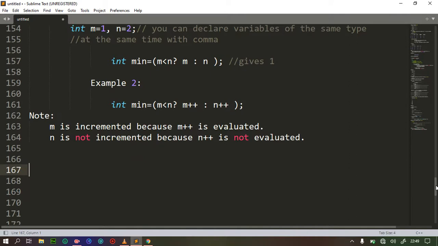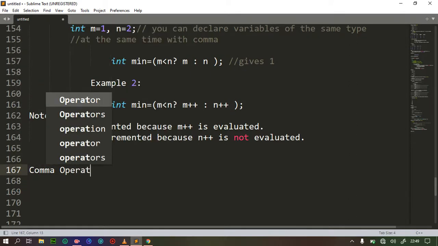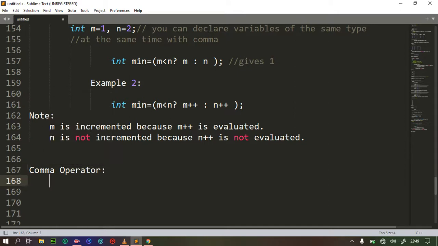But in another case we have what we call the comma operator. This is also very important. Guys, I told you my target is for you to learn the language and enjoy the language and become an expert in the language. So we have what we call the comma operator.